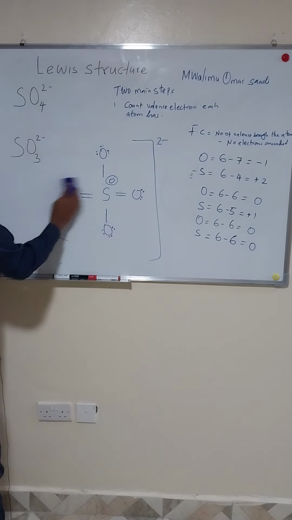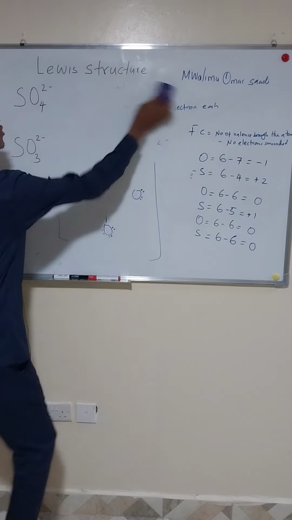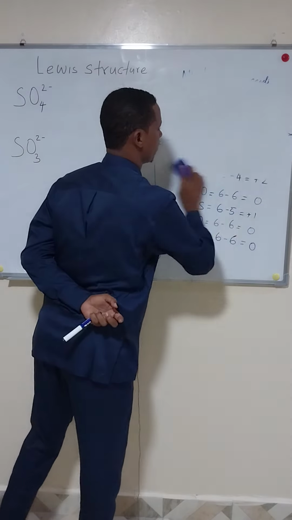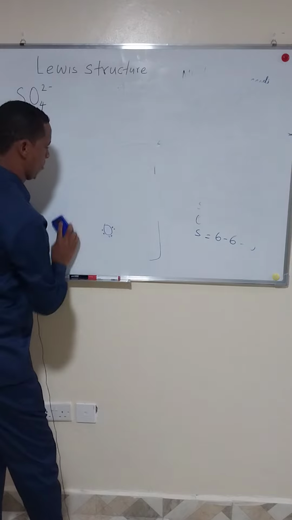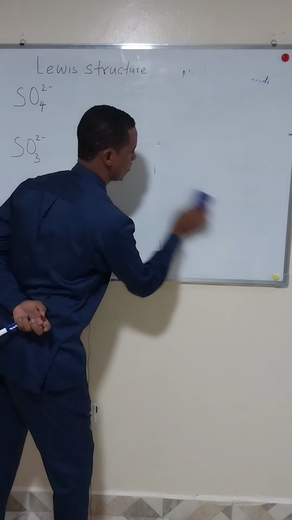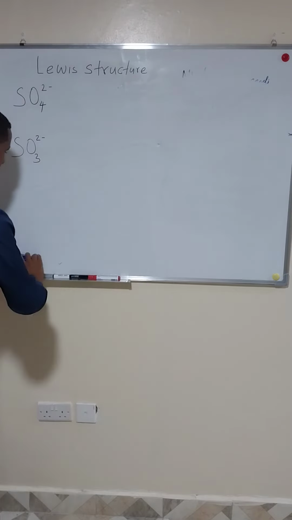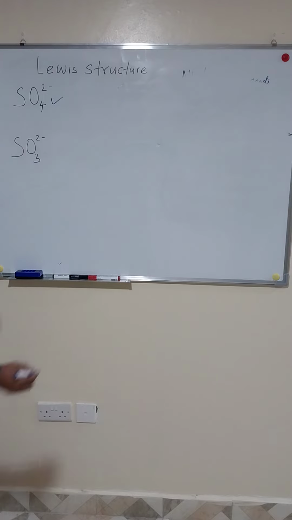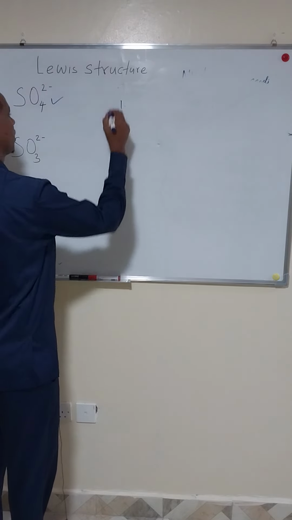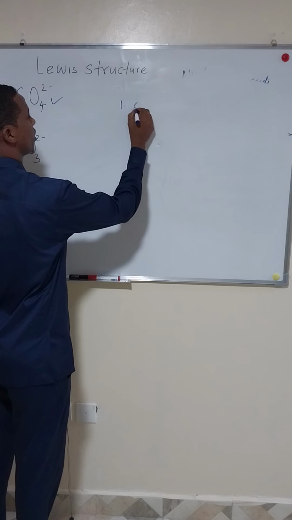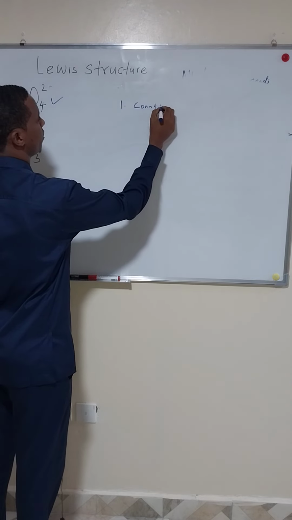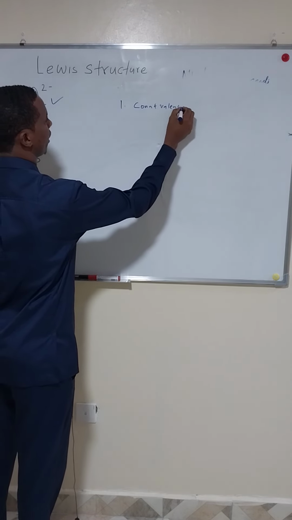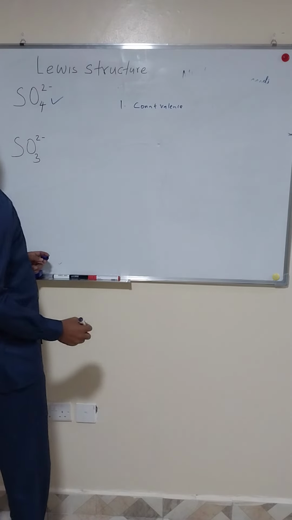So again, let's see for sulfite ion. For sulfite ion, you follow the same steps. Step 1, you count the number of valence electrons the atom has.